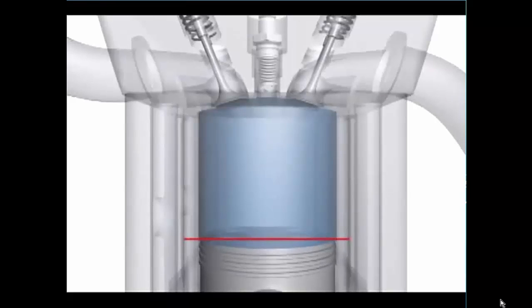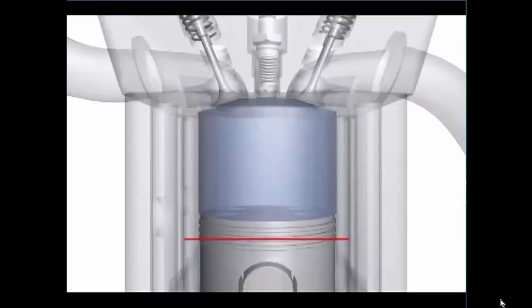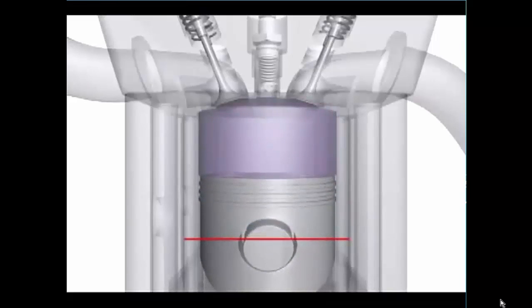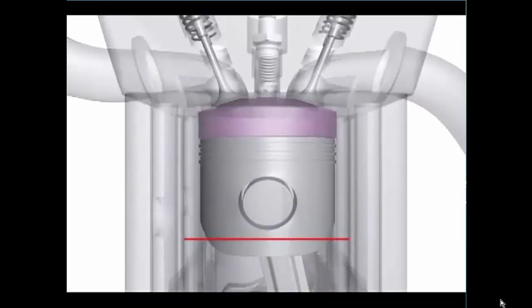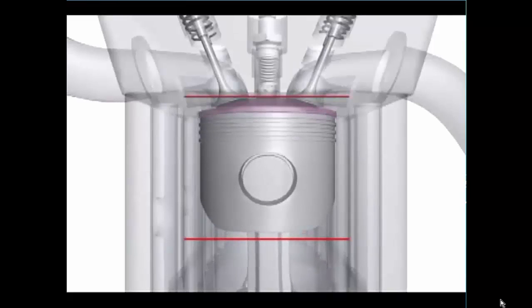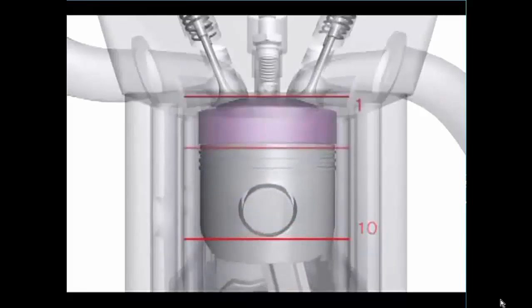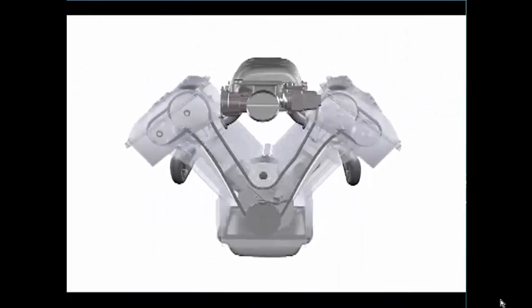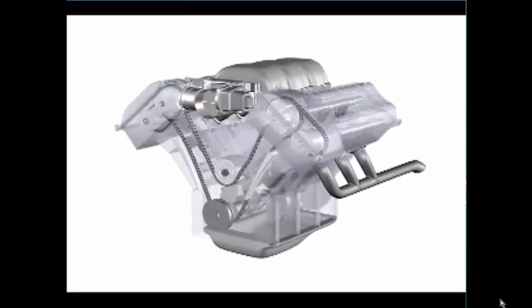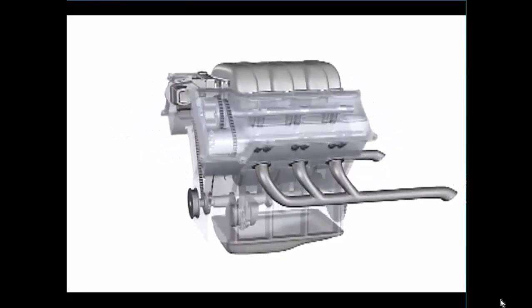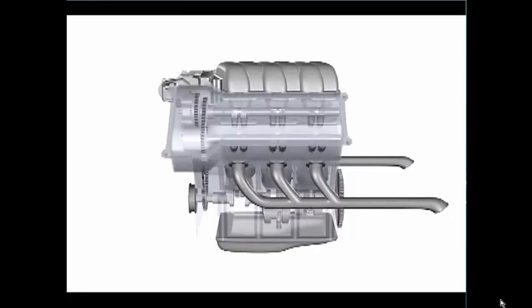Compression ratio is the ratio between the total volume of a combustion chamber and cylinder when the piston is at the bottom of its stroke and when the piston is at the top of its stroke. In this example, the compression ratio is 10:1. Higher compression ratios produce more power but require higher octane fuel than engines with lower compression ratios.